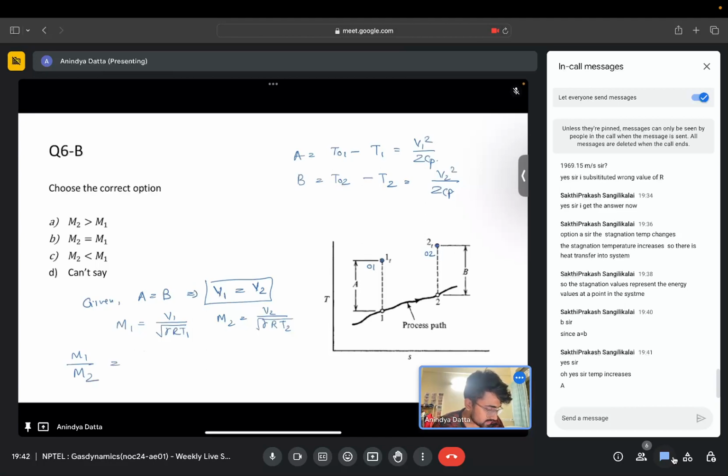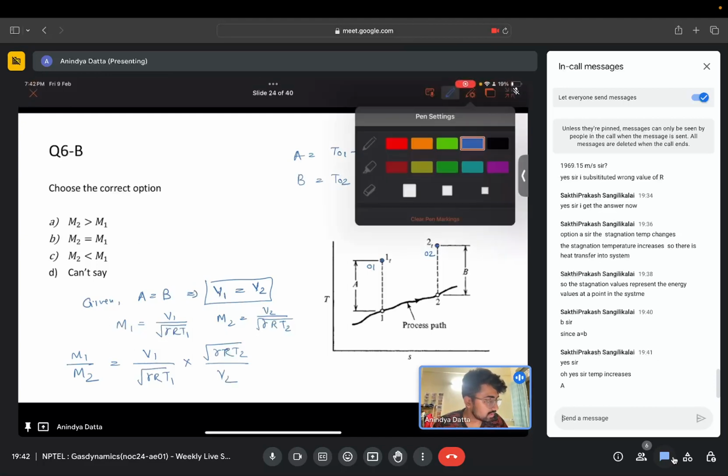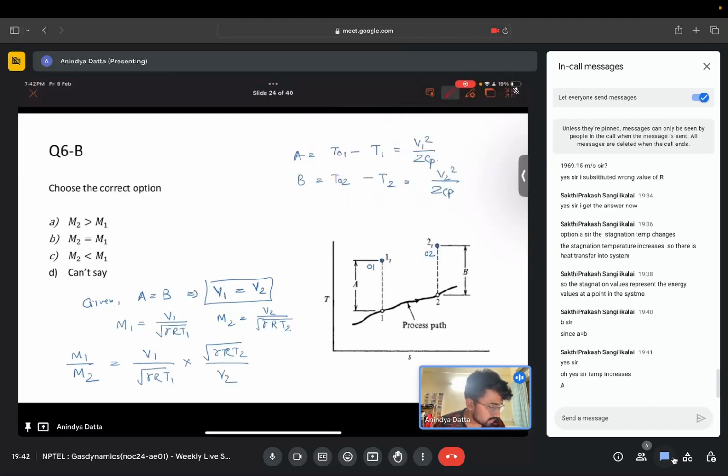So that is V1 by square root of gamma R T1 into square root of gamma R T2 by V2. Now since V1 and V2 are equal, we can cancel this. What we are left with is M1 by M2 is equal to square root of T2 by T1.